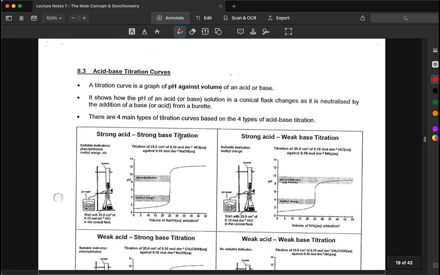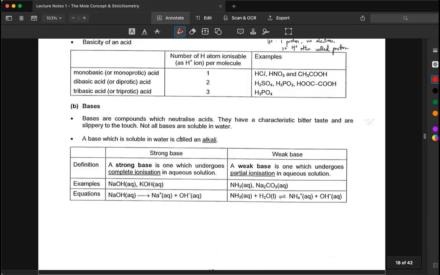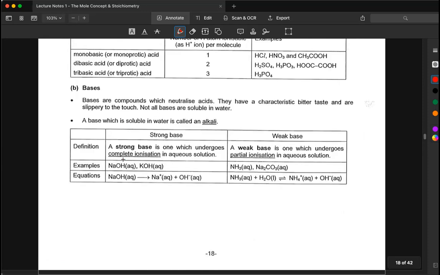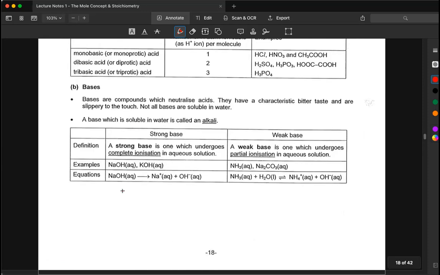But for base, I don't know whether they got mentioned, we also have monoacidic, diacidic, as well as triacidic.